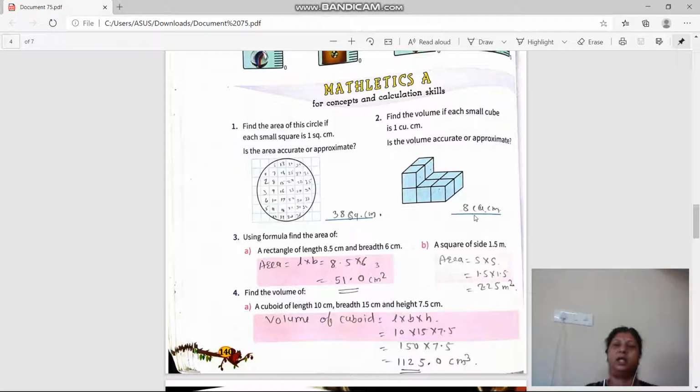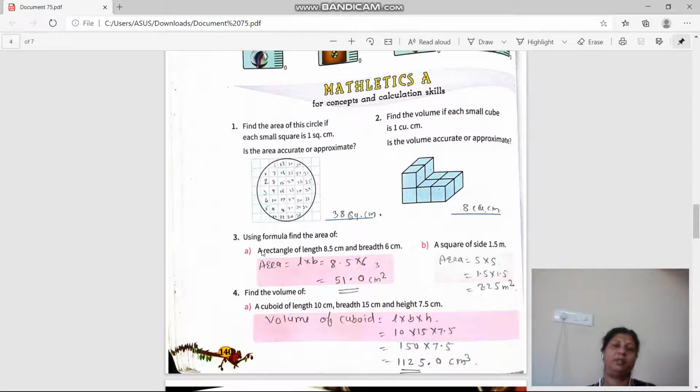Okay, so it is 8 cubic centimeter, but it is accurate, right? Because the length and breadth and height is accurately 1. So we can say accurately one block has 1 cubic centimeter volume, and we have calculated how many blocks are here, 8. So it is 8 cubic centimeter.